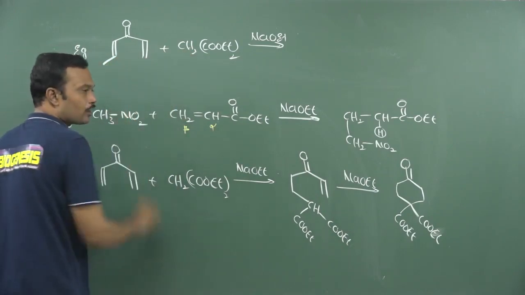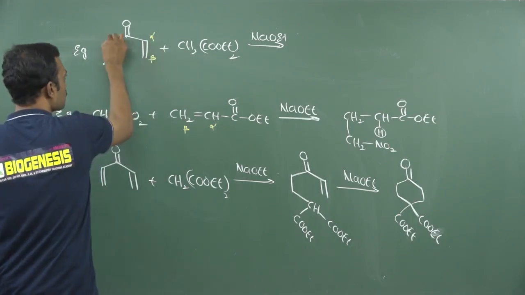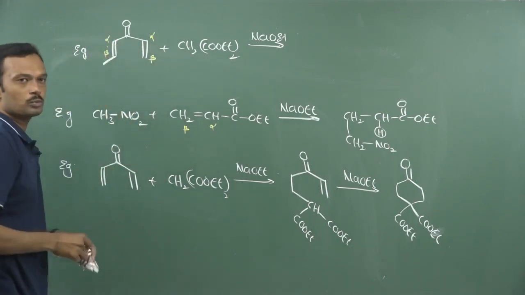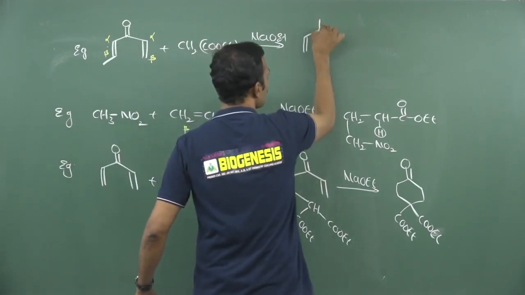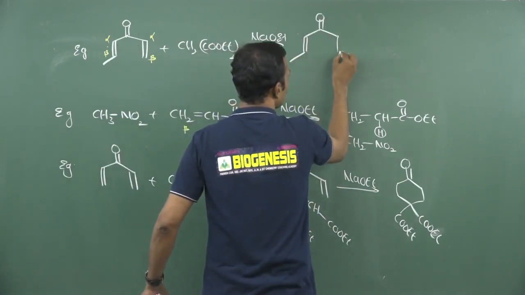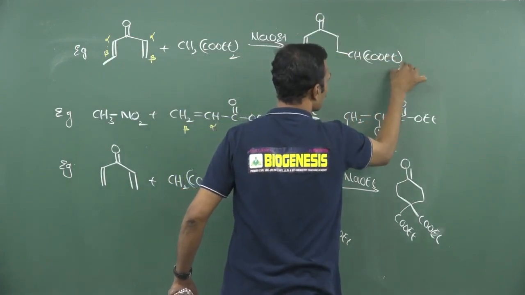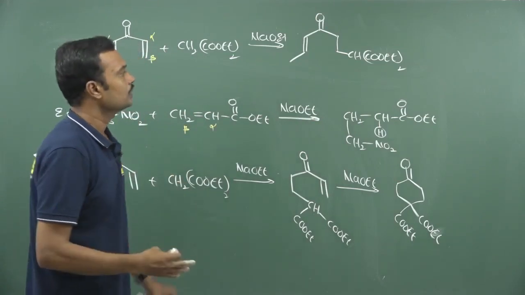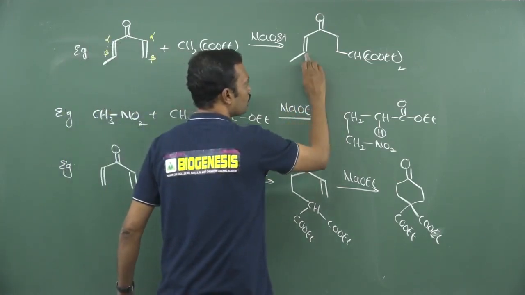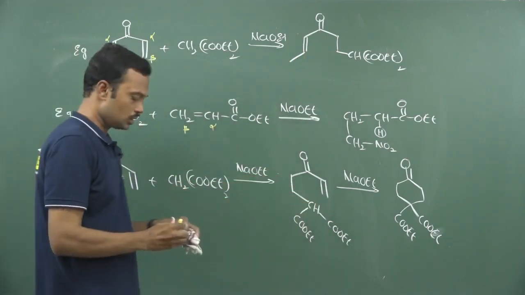So this will be added on that particular beta carbon which carries fewer substitutions, meaning steric crowding should be free. So it will be added over here. So after adding this, this is the initial addition. This is CH-COOEt taken 2 times. Next time if you use one more alkali base, if they mention excess, then only you remove this proton and attack on this and remove this double bond. Finally you will expect a cyclic ring formation like this.